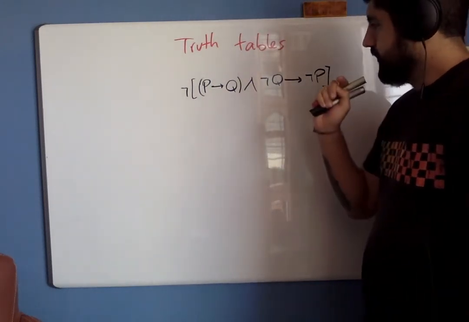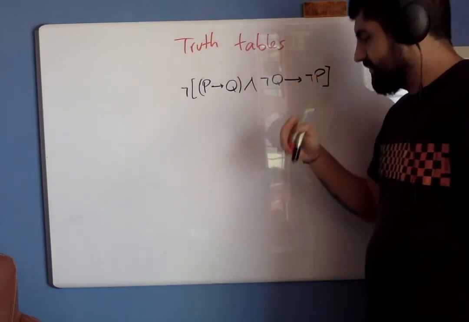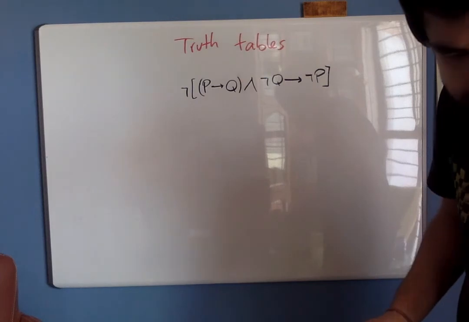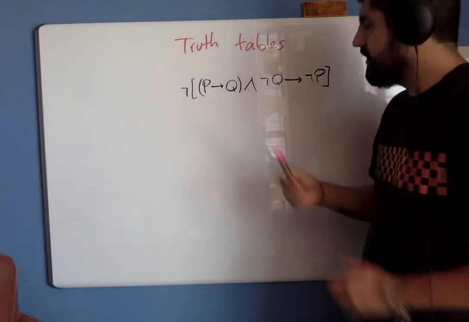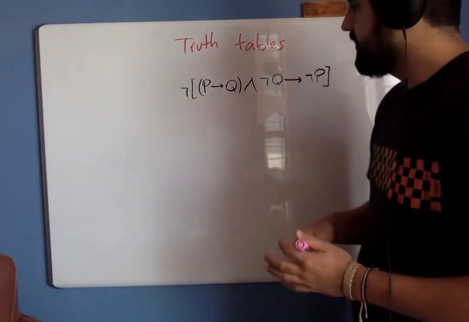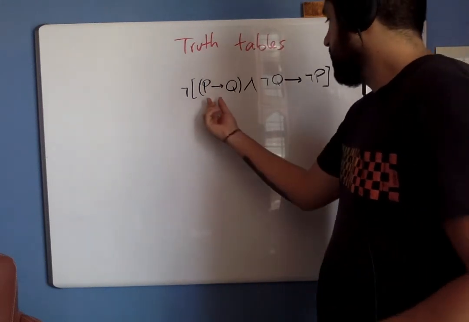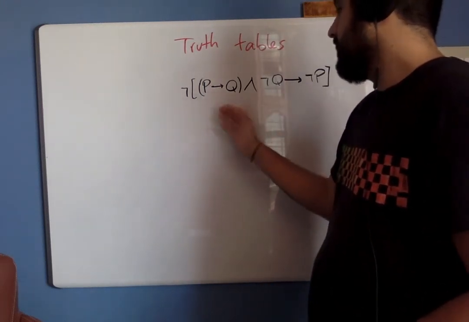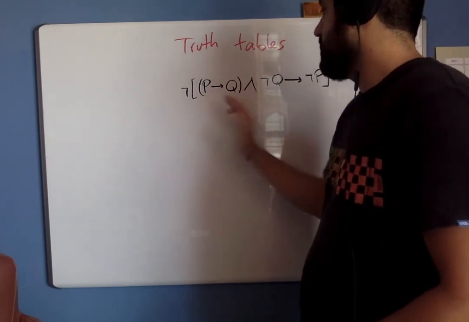Now we are going to do the same steps as we did in the previous example. Remember that the first step is to write the variables in the order that appears in the expression to the left.